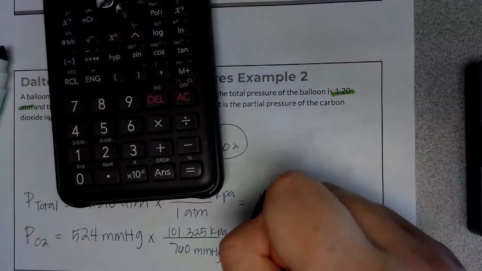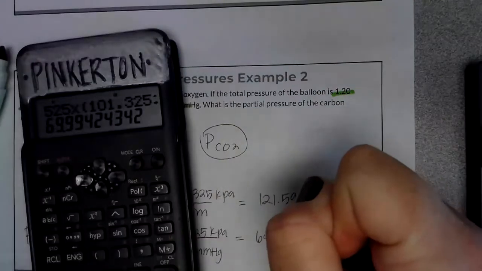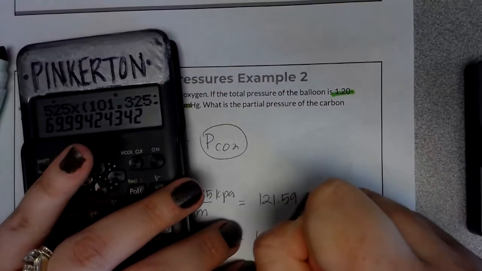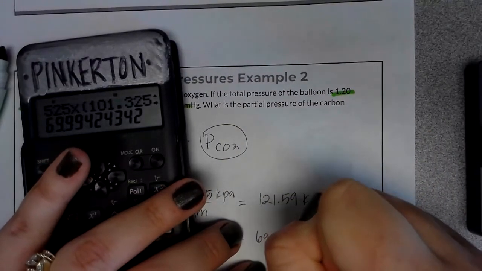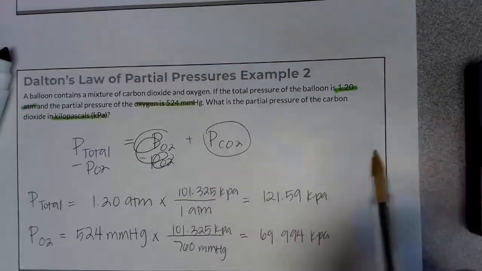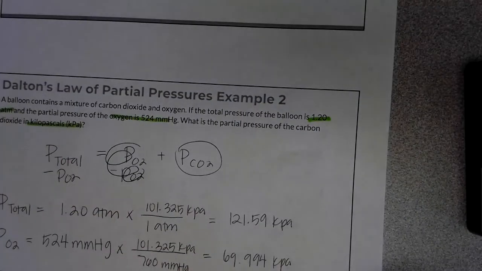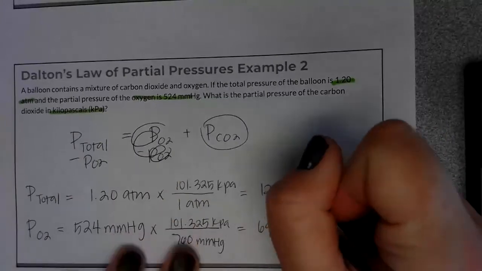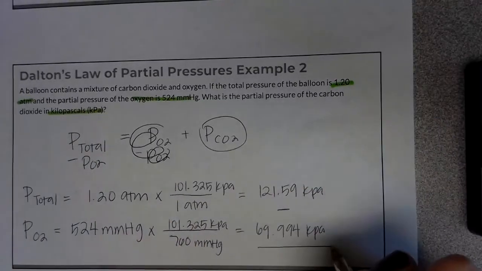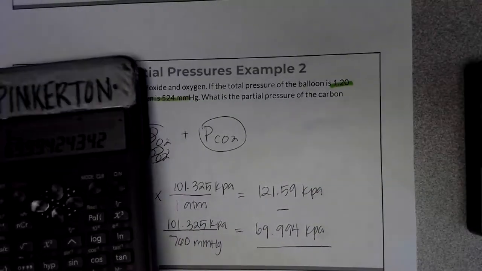So I'm going to get about 69.994 kPa. All right, so then I'm doing total minus oxygen is going to give me carbon dioxide. So total, which is the top one, minus this one, gives me carbon dioxide.